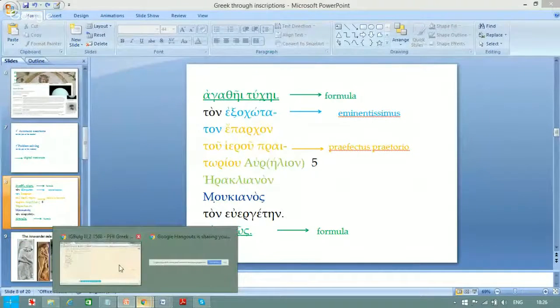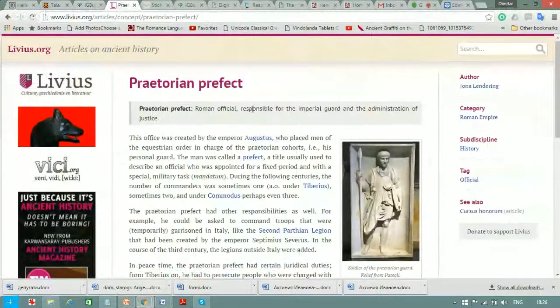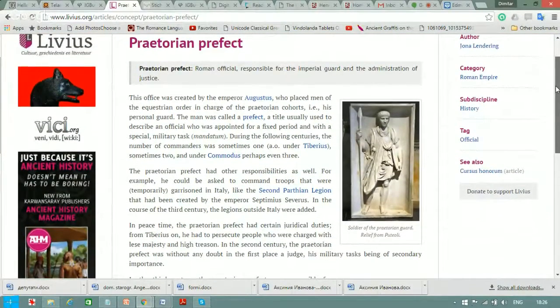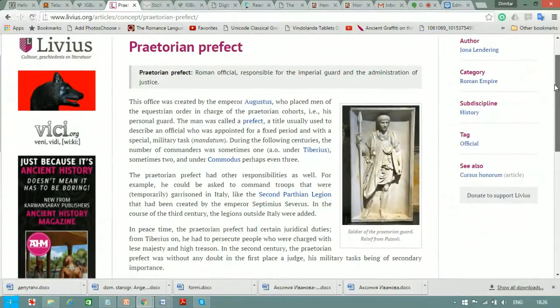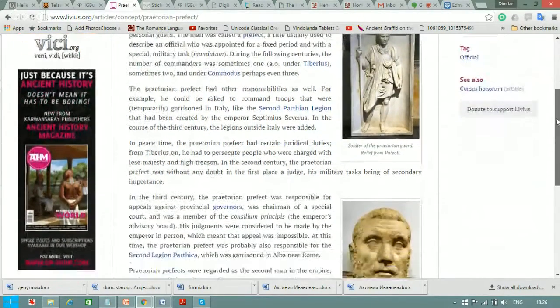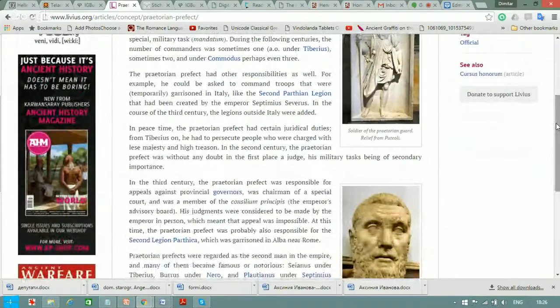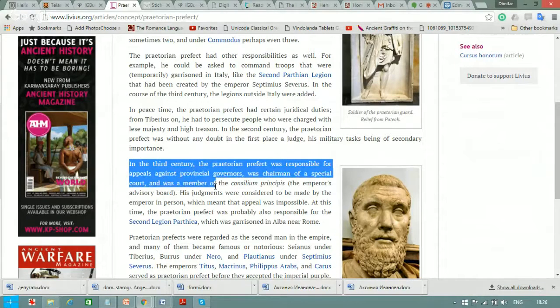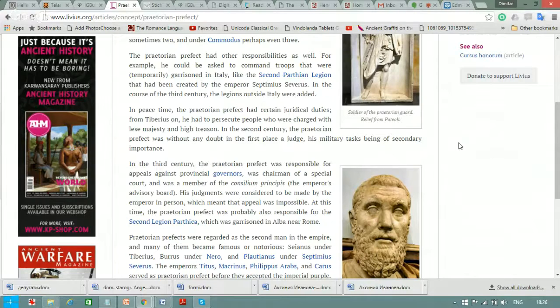For example, on one occasion, one student was able to find an article about the Praetorian prefect on the ancient history portal Livius, and wondering why this man could be an euergetes to another provincial from Augusta Traiana, they came to the conclusion that in the 3rd century the Praetorian prefect was responsible for appeals against provincial governors. There might be some judicial case in which this praefectus praetorio intervened in favor of Mucianus, but we still don't know.